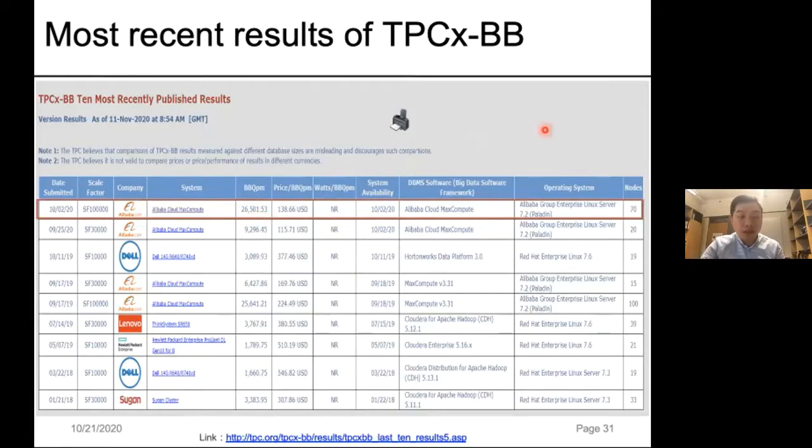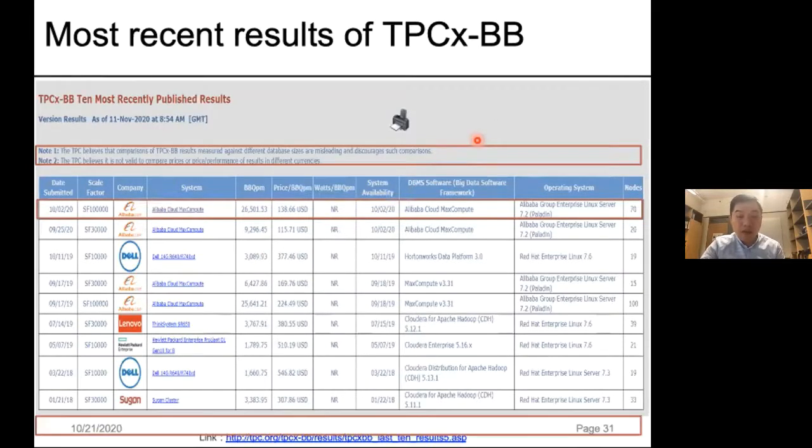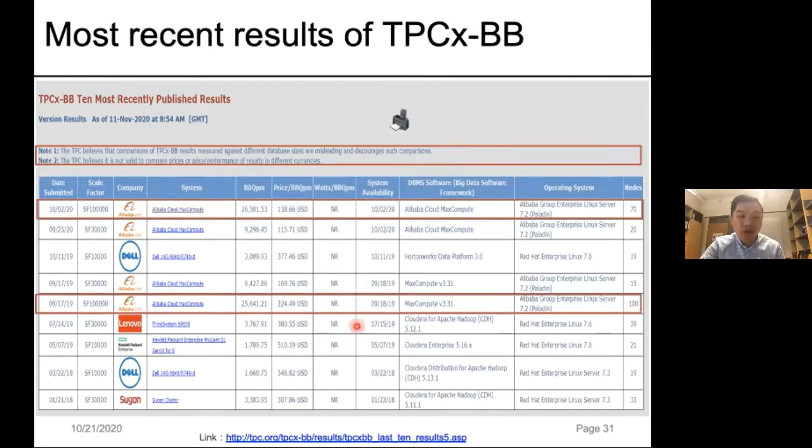And since the TPC believes that comparing TPCx-BB results measured on different datasets is misleading and discourages such comparisons, here the comparable results, also released by Alibaba in 2019 with the same scale factor. We can see their recent results have higher BBQpm, lower price, and fewer nodes.